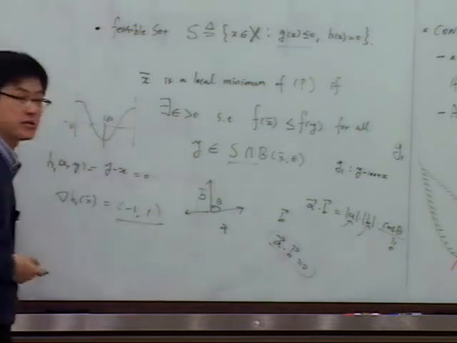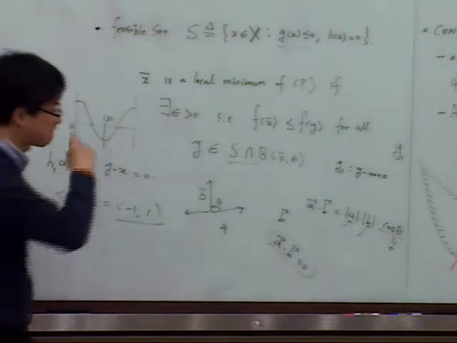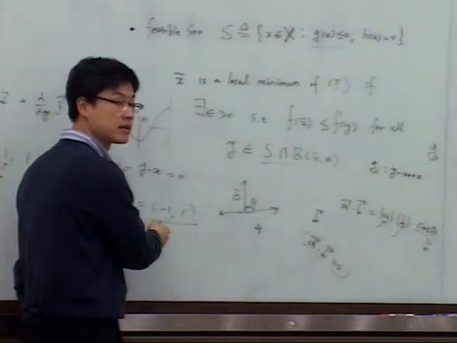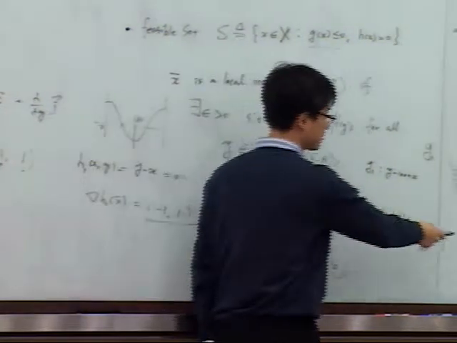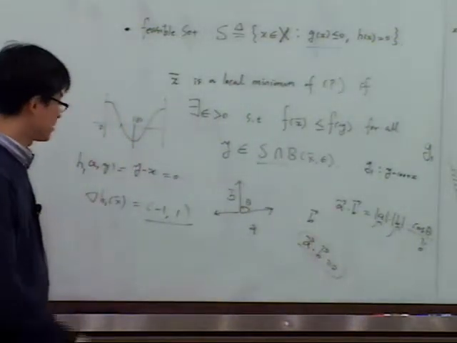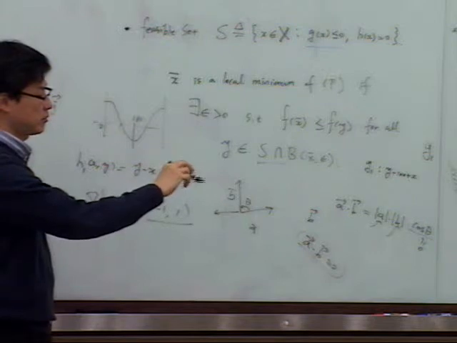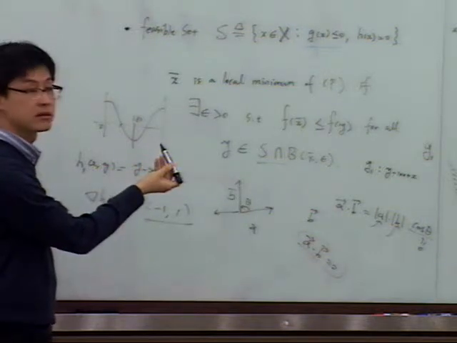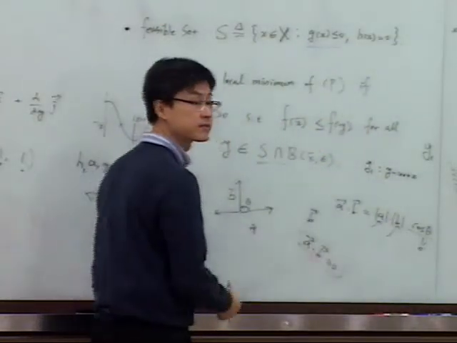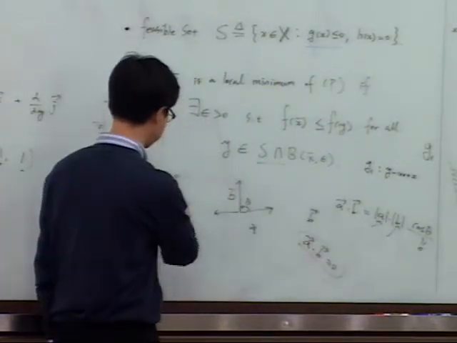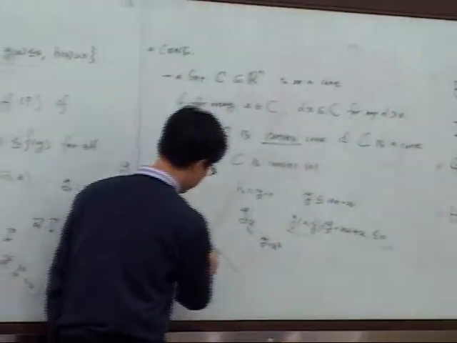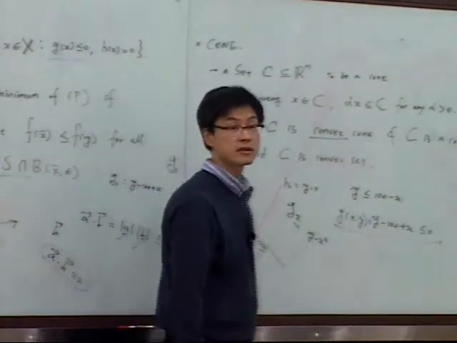Okay, you have this direction. And if you draw it, then what's the vector here? It should point to minus 1 and 1. And there is a 2 direction.